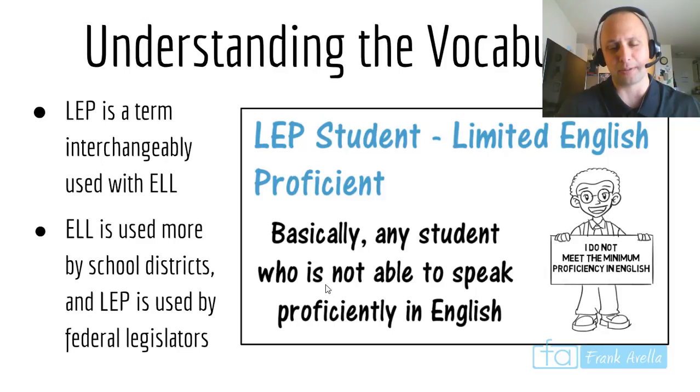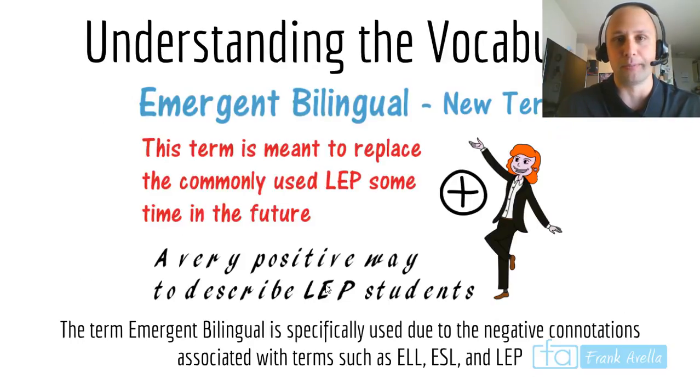As they give a child a standardized test, if they don't meet the standard, they don't meet proficiency, so they're limited English proficiency. The difference here really is that ELL is used more by school districts, and LEP is used by federal legislation.